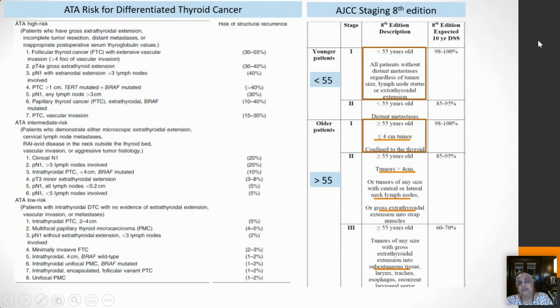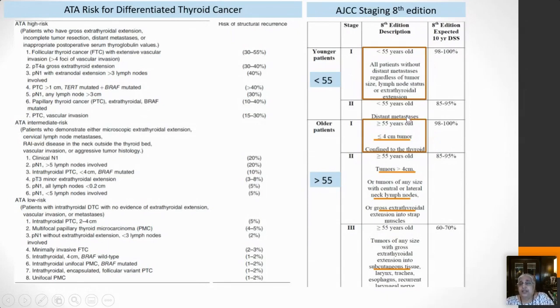And you will notice that there is no stage 3 in patients who are younger than 55 years of age. So if you're less than 55 years of age, stage 1 is all patients without distant metastases, regardless of the tumor size, lymph node status, or extrathyroidal extension.